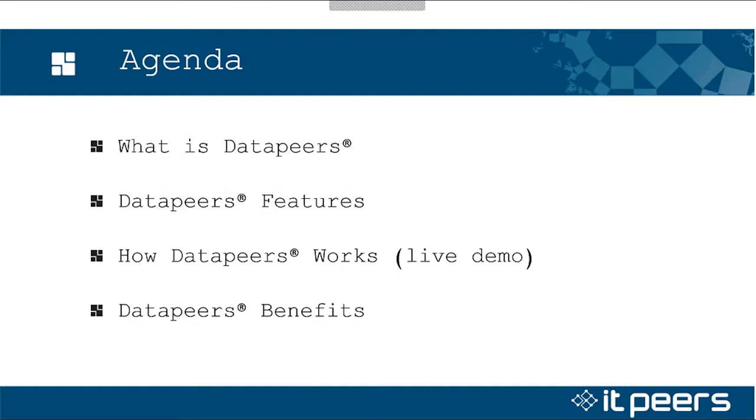Antonio already gave an overview about the application, and DATAPEERS aims to solve several problems that often companies face when they want to give access to their databases to third parties for development purposes, or to give an overview of their database model for several reasons.